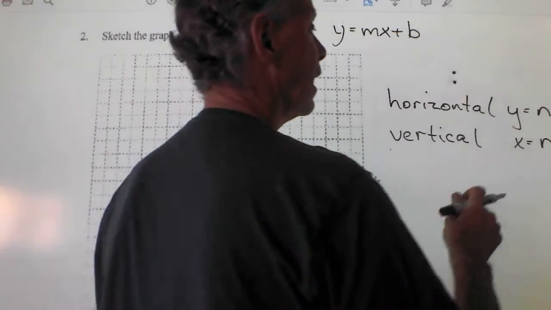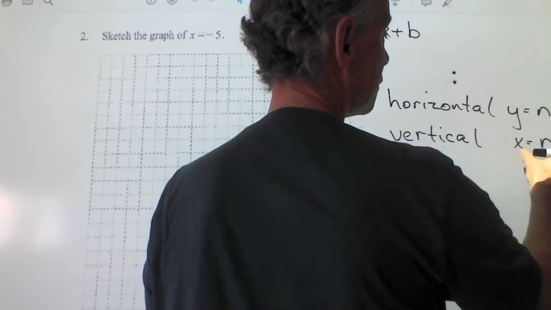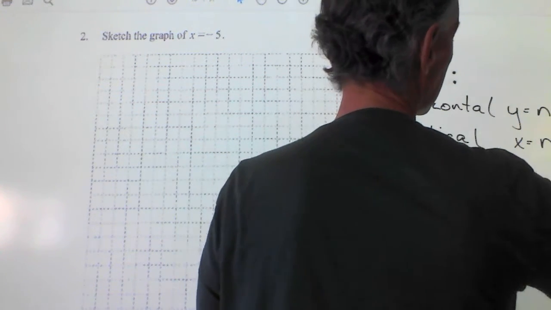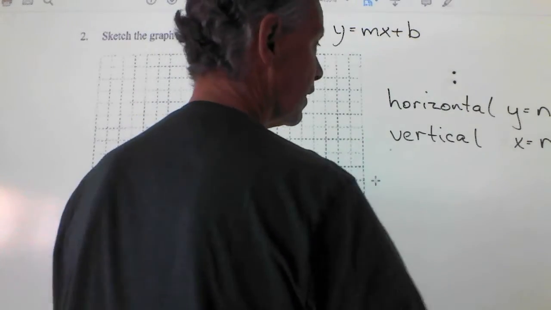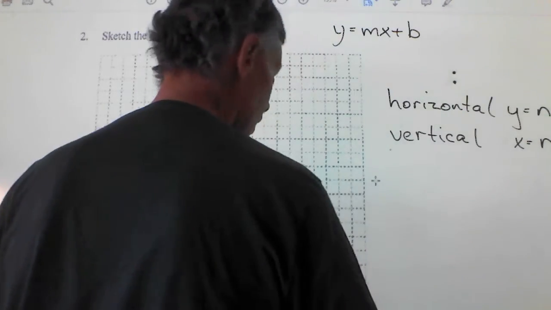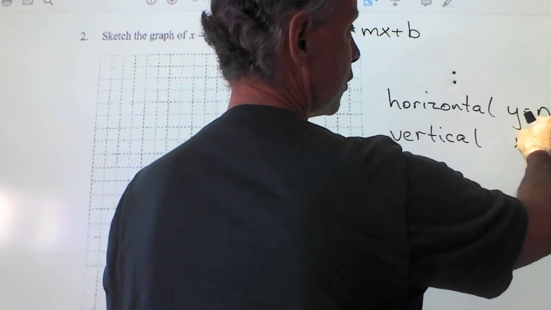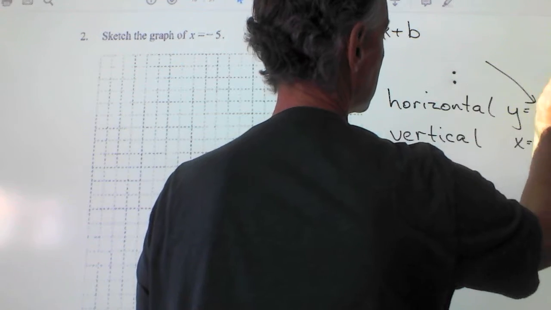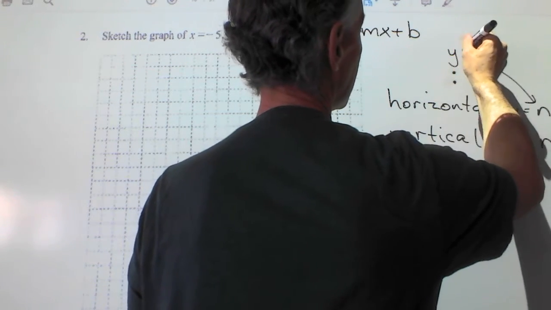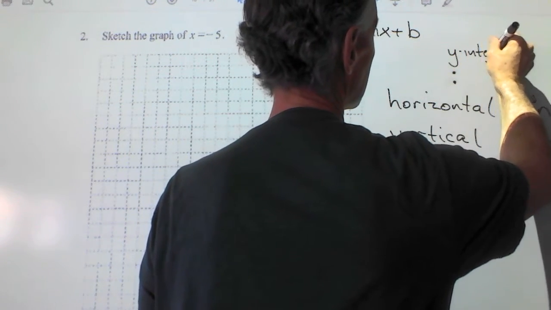Okay? Now, in these particular cases, n, whoops, you're not going to be able to see that, are you? In the case of a horizontal line, n is the y-intercept.